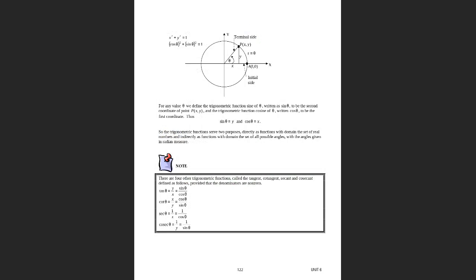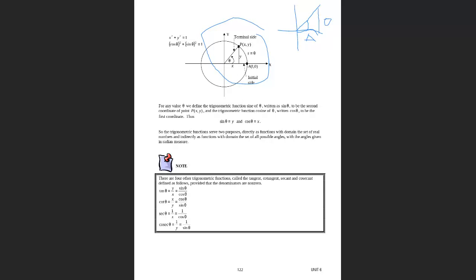Now, as I told you, an angle has always got an initial side and a terminal side. Once you have got any angle, you have to know that each angle has got a y component and an x component. The y component, as we know it, is the opposite, and the x component will always be the adjacent.